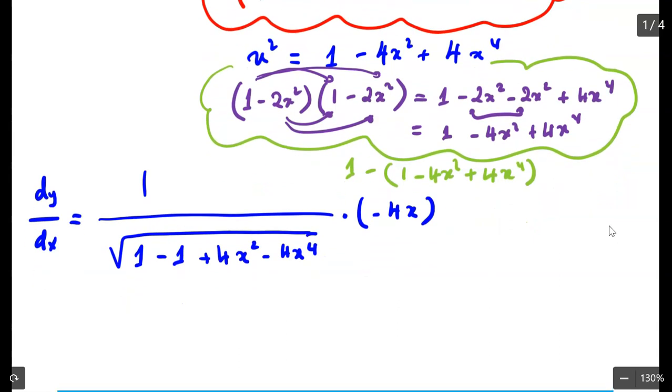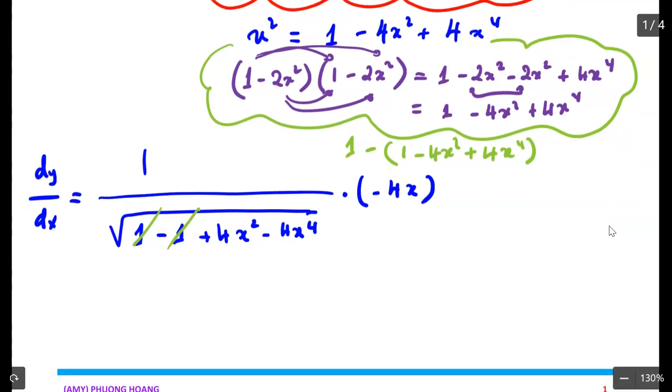Now simplify what I have in the bracket. I should have the 1 and minus 1 cancel out. Then I will take a look at my 4x squared and factor out the common factors.